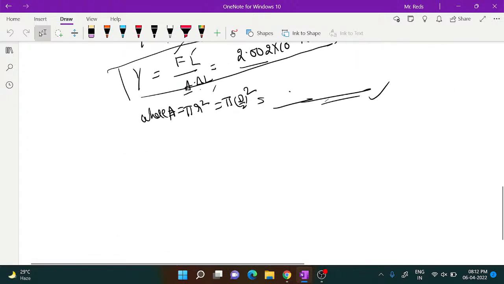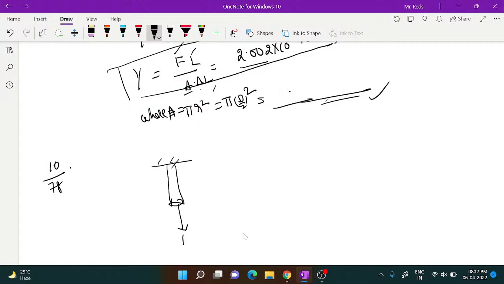So what you can understand here is, the length of a metal wire, say for example this is a wire, and if you apply a load, this is a force. The length of the metal wire is its original length, and it increases by a small amount.